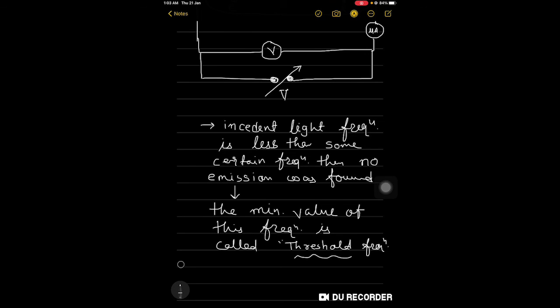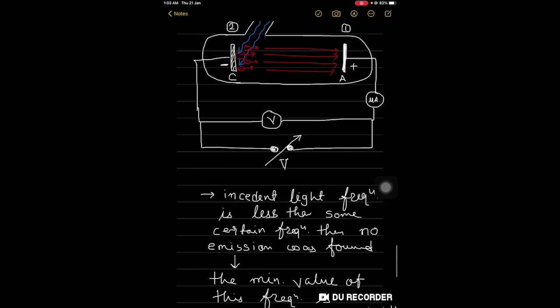So this is called threshold frequency, and this threshold frequency, that is the minimum frequency, depends on the nature of material of the emitter plate. So it depends on how the plate C is made. The minimum frequency also depends on that plate material.